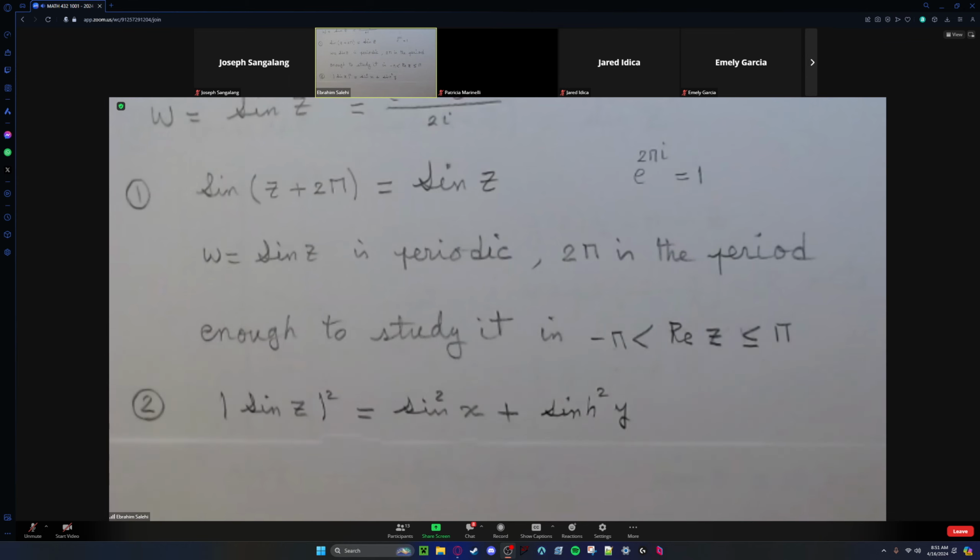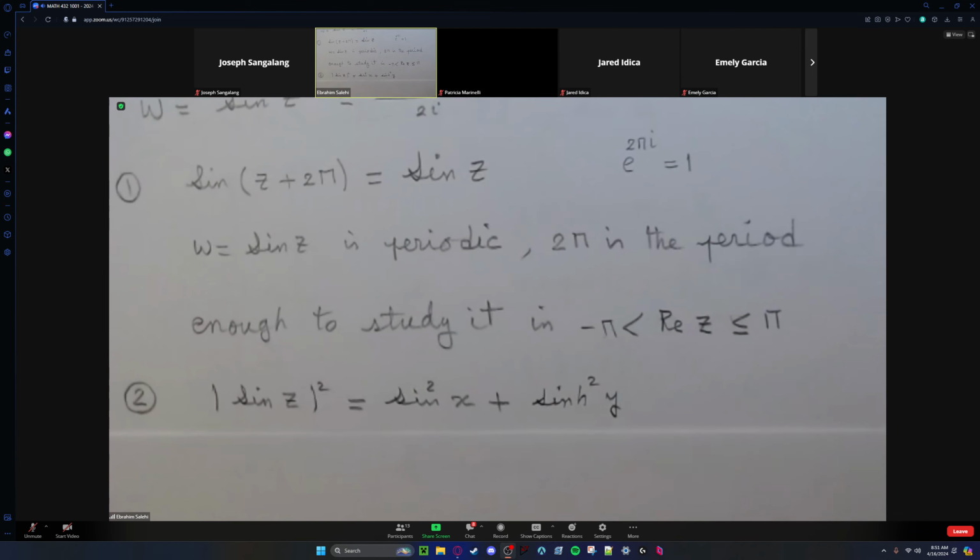The other observation about sine z is that we developed this formula for the modulus of sine z when z is x plus iy.